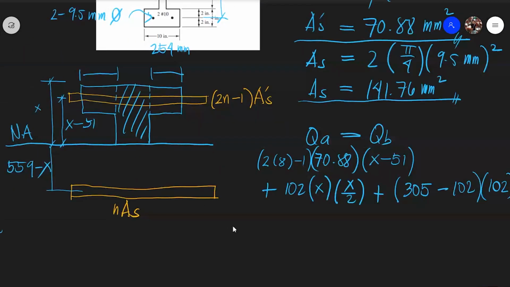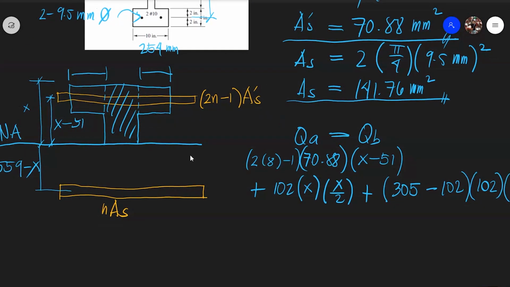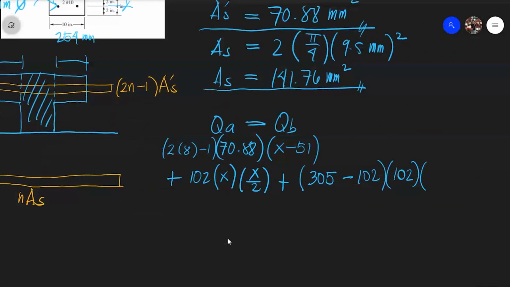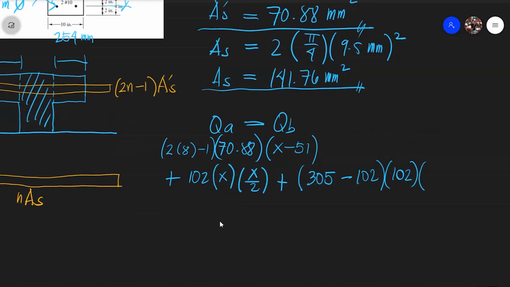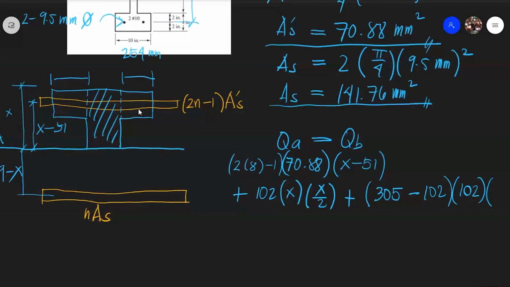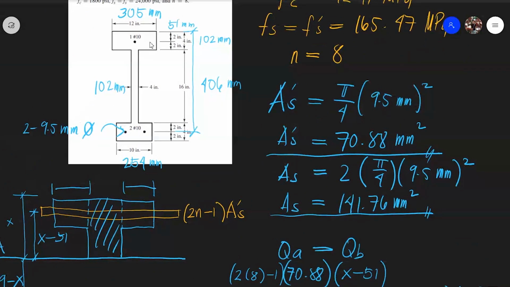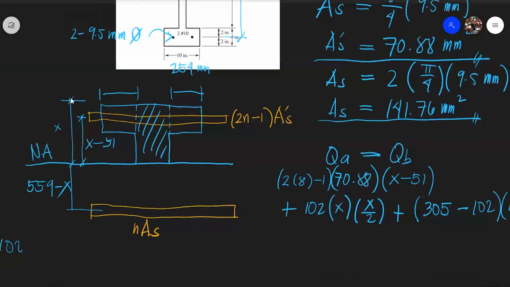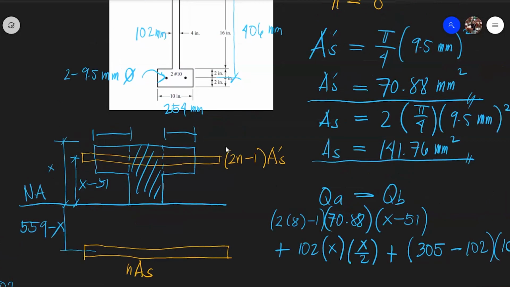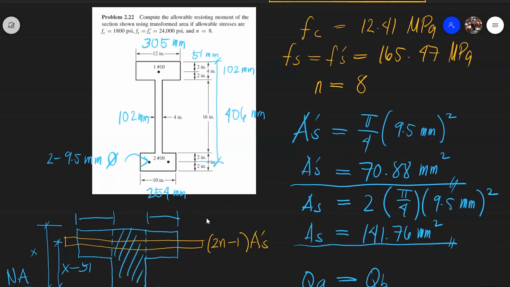But you still have to multiply that by its distance from the neutral axis, because Q is the moment of area. The centroid is somewhere here to the neutral axis, and that is x, since the extreme fiber in compression to the neutral axis is x, minus half of 102, which is 51.